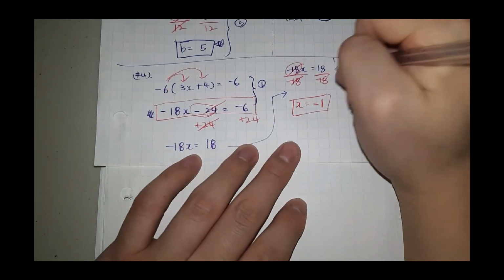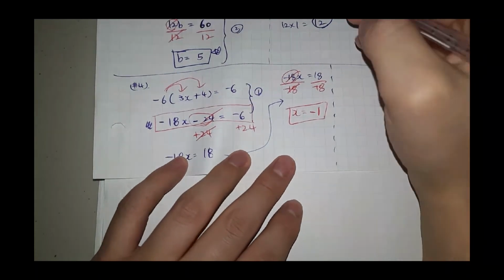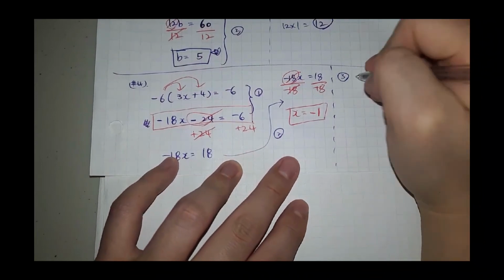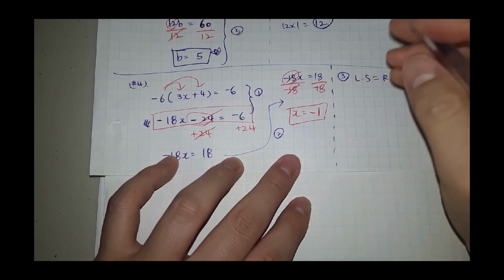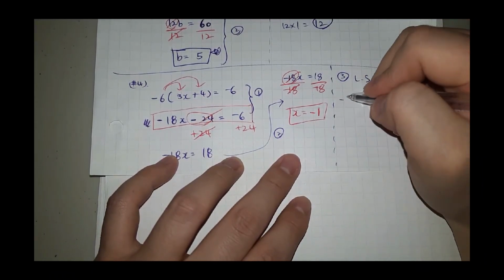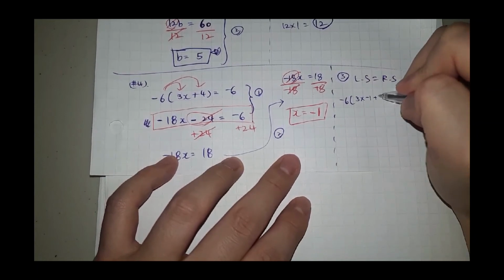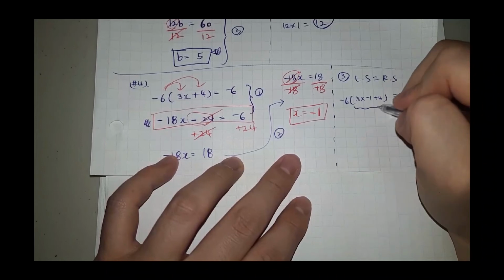And my final step, which is verification. So step number 2 is done. Step number 3, verification. Left side should be equal to right side. The way you do it is punching those numbers in. Negative 6 times the bracket 3 times negative 1 plus 4 is equal to negative 6.